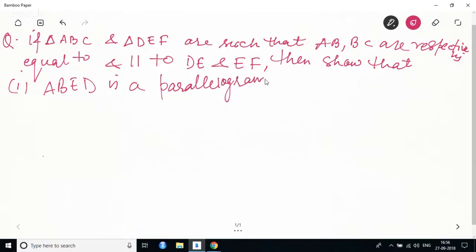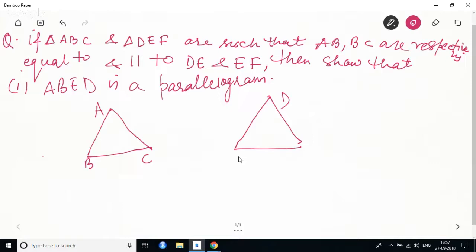Now let me make a diagram for you. So what is happening? I have two triangles. So this is my one triangle A, B, C, and this is my second triangle D, E, F. Now I match it.